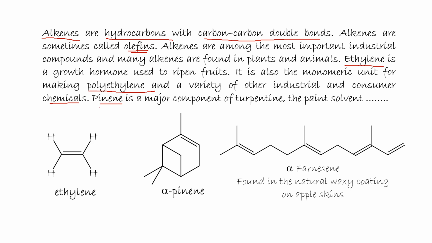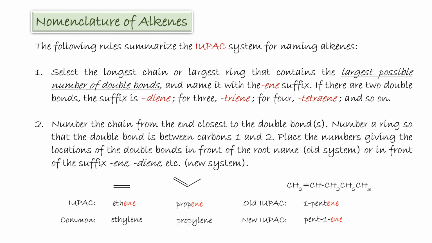Pinene is another example, a major component of turpentine, the paint solvent. Alpha-farnesene, found in nature, is the waxy coating on apple skins. And there are many alkenes in nature and industrial forms.